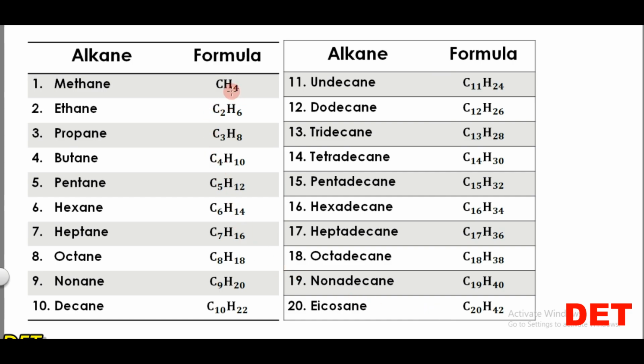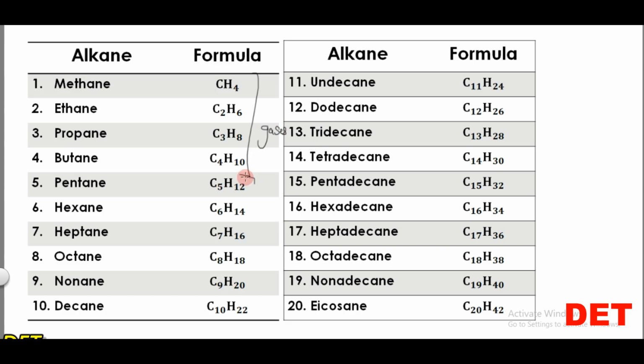Physical properties like boiling point and melting point begin to increase as the number of carbon increases. For example, from methane, the first member, to the fourth member, they are gases.